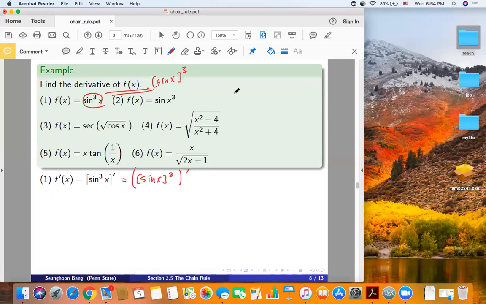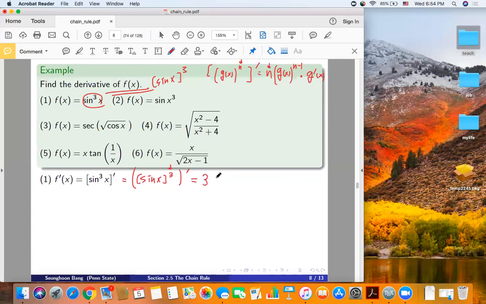Prime. I want to use this rule. Remember this one? G of x to the power n prime. N comes down, g of x to the power n minus 1 times inner function prime. You can use this rule. So this 3 is like the n. N comes down.